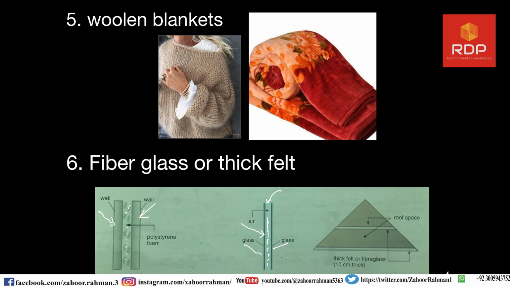Here in the roof space, which is this area, thick felt or fiberglass is used, which is 10 centimeters in this area as well. So it is used so that coldness or hotness should not escape from this area.